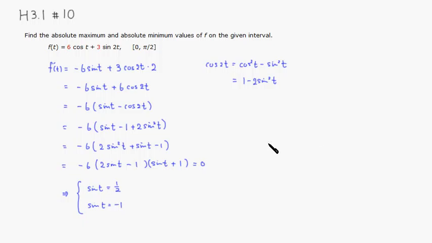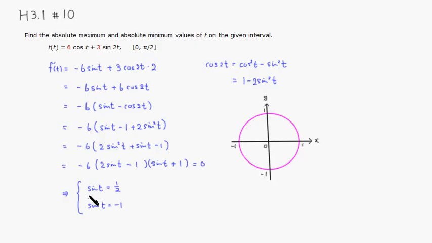Let's draw a unit circle and draw an x-axis and a y-axis, with 0, 1, negative 1 marked on the axes.